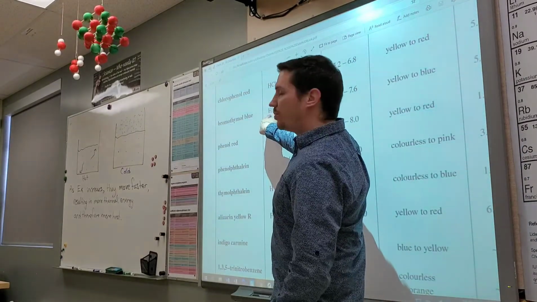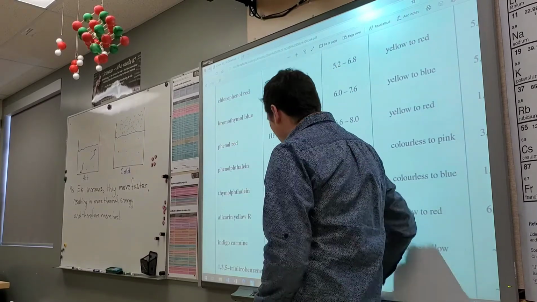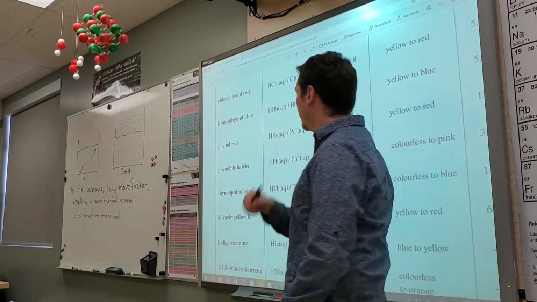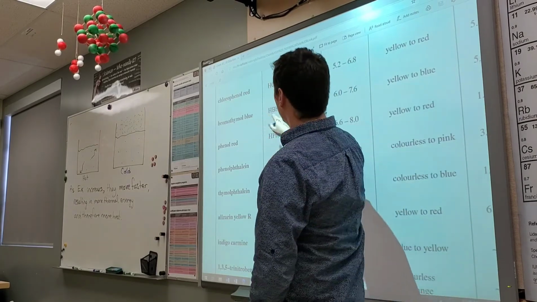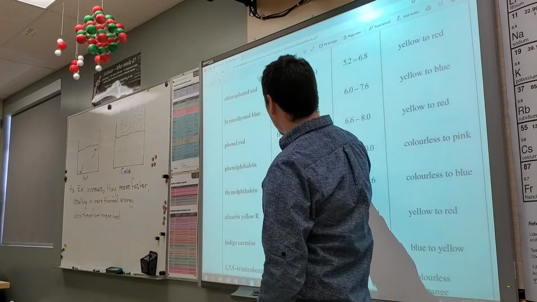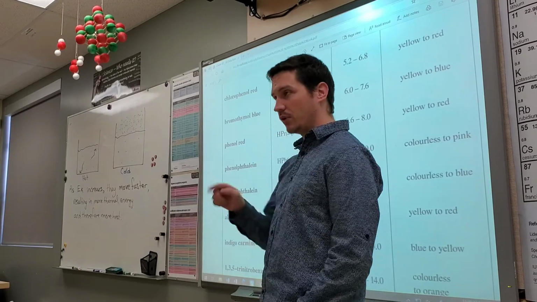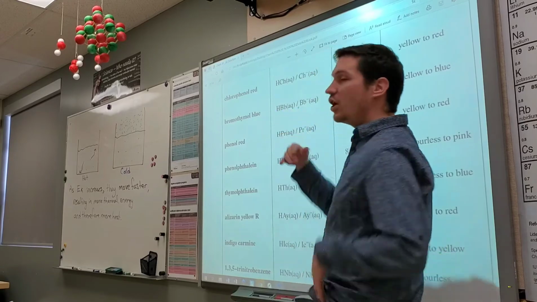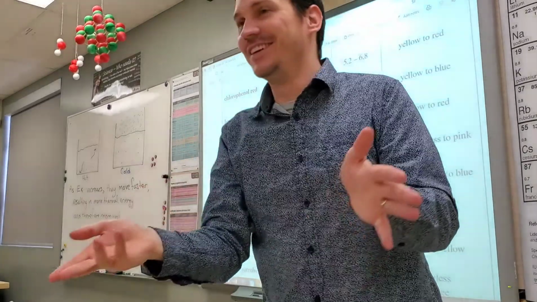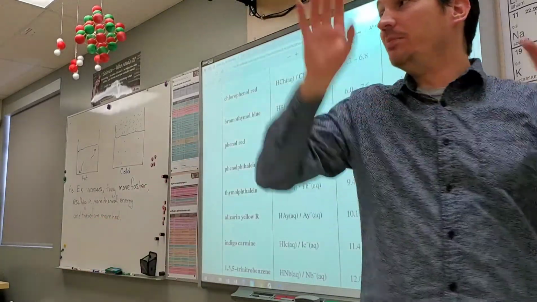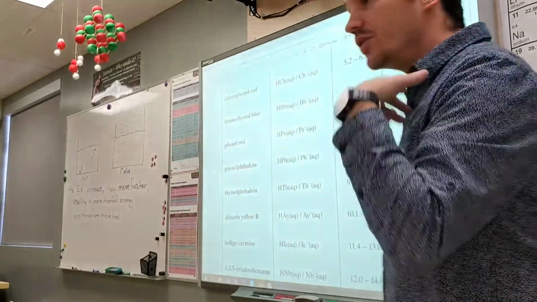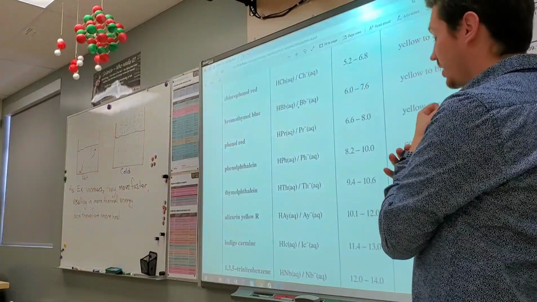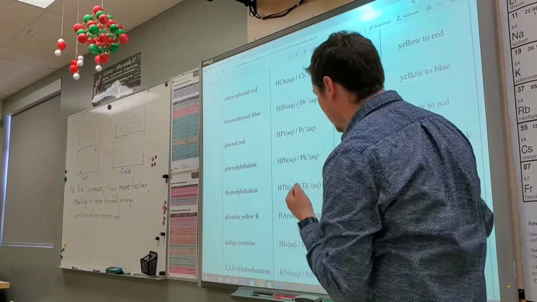I want to be very clear. Every indicator has a 2-letter code, okay? Bromothymol blue's 2-letter code is BB. Can you understand why bromothymol blue's 2-letter code is BB? Now, there is no element BB, right? When you look at the periodic table, BB doesn't exist. So they're trying their best to pick two-letter codes that don't exist.